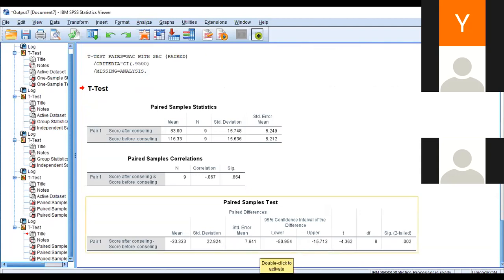Also, the difference is this 33. Those will put minus. But if you want to swap and write the confidence interval as plus, you have to solve it, to be 15.7 to 50.95. Any question?